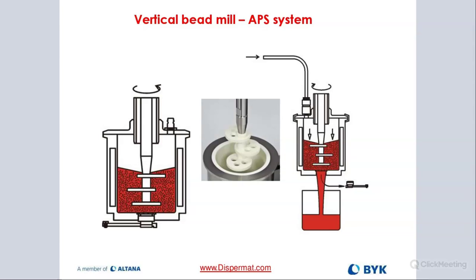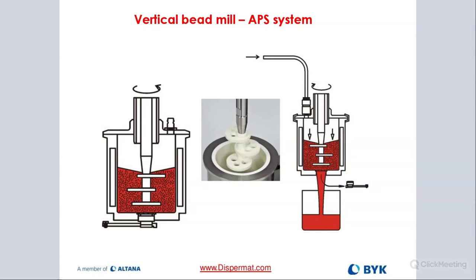But let's say I'm doing 1,000 liters, I would now need 1,000 liters of beads, which makes it cost prohibitive. And also the handling would be very challenging. So the largest APS system we made was for a customer using these APS systems to mill down high quality platinum pastes and expensive materials, in a production run of about 35 liters.